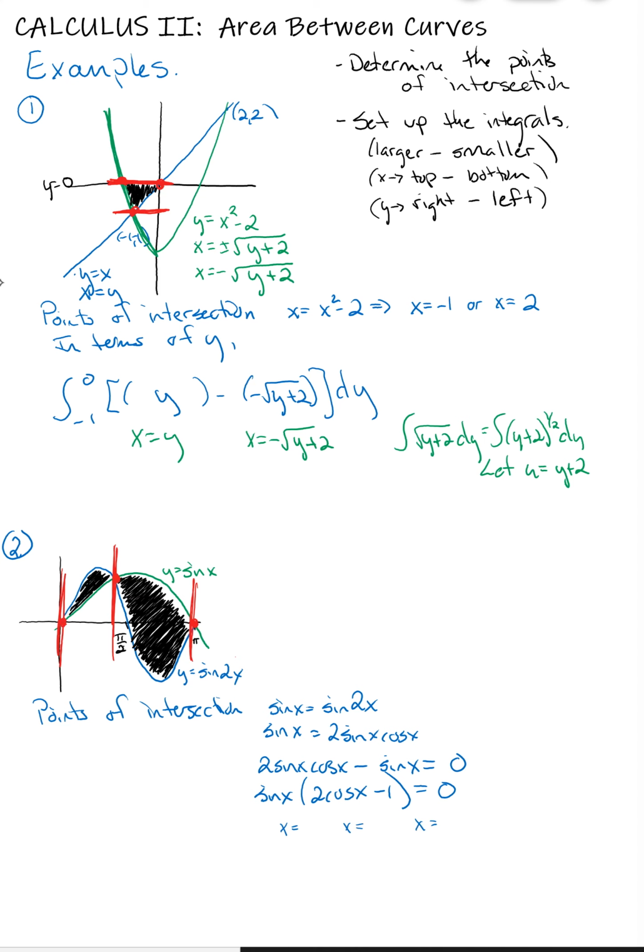And so we're going to have two different intervals. We're going to go from the first x value to the second x value, and it's going to be the top minus the bottom curve. And then we'll go plus the second x value to the third x value.